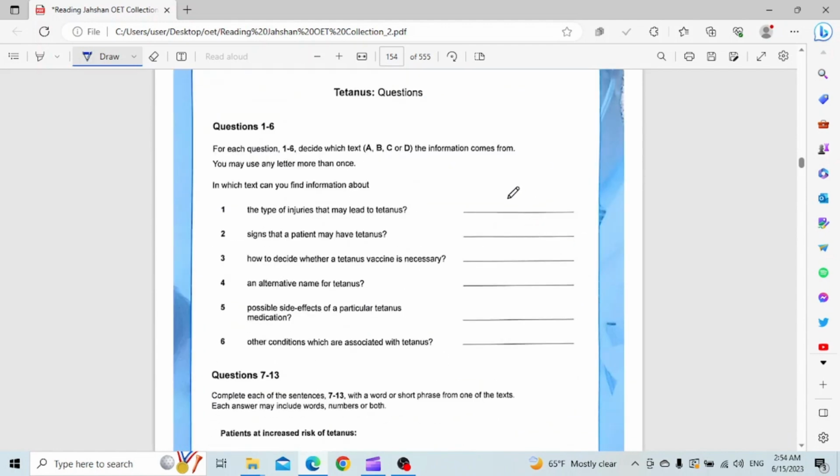So the next one. Signs that the patient may have. What is the signs? It's in A when I give it a title of symptoms, right? Okay. How to decide whether a tetanus vaccine is necessary.